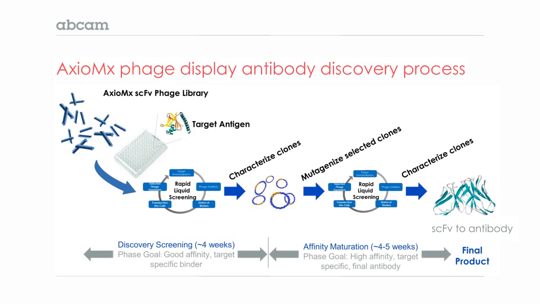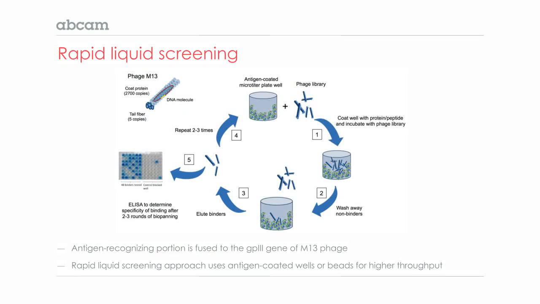In the affinity maturation phase, the scFvs identified in the discovery phase are then further enhanced by improving their affinity multiple-fold. This is achieved using Axiomx mutagenesis and additional rounds of rapid liquid screening. The final scFv is then further characterized in the desired applications and can be converted to a full IgG antibody.